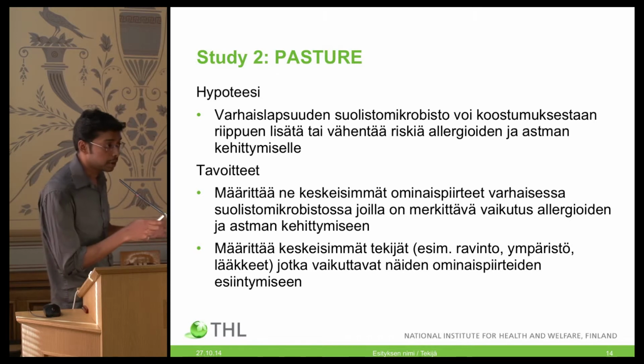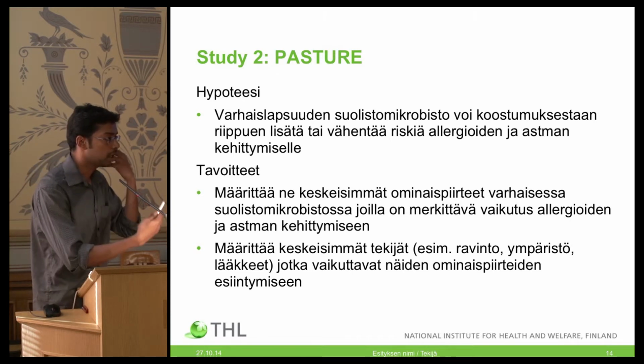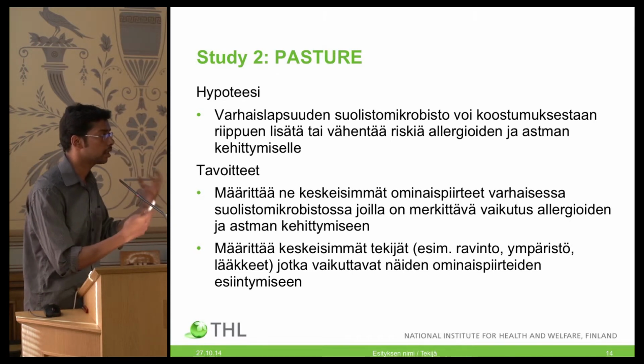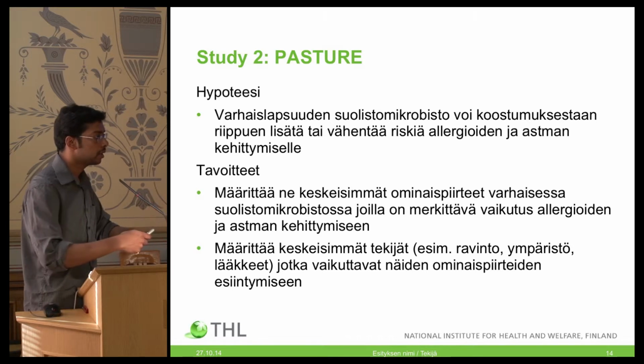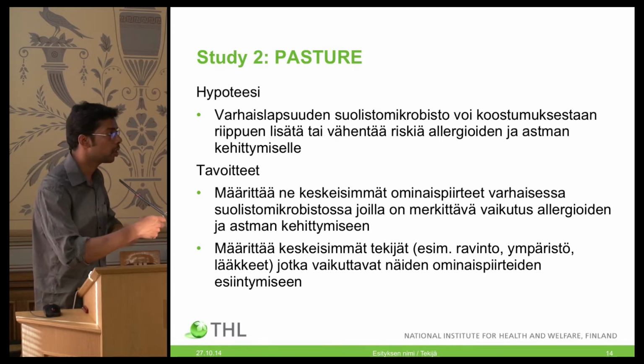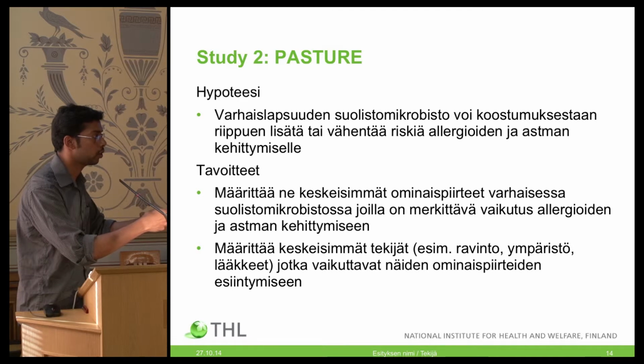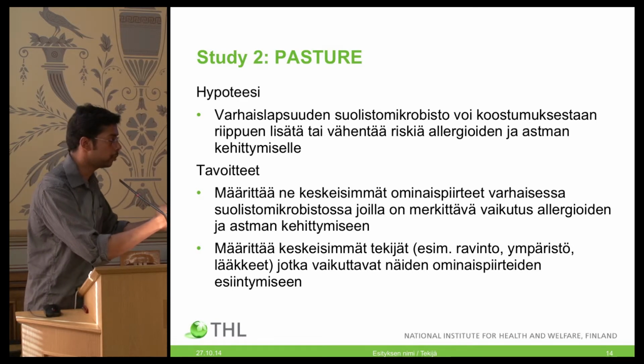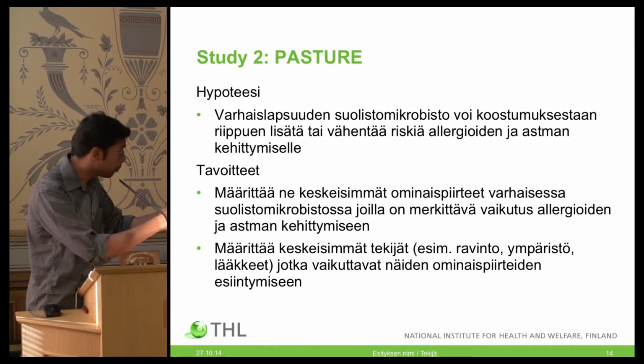So here the hypothesis is that there is knowledge that the early gut microbiome of infants has an effect on immune development.